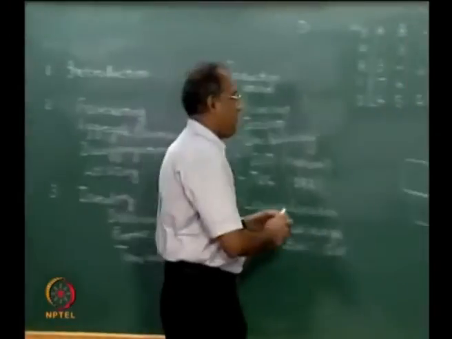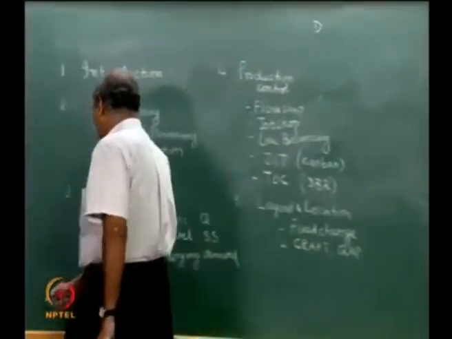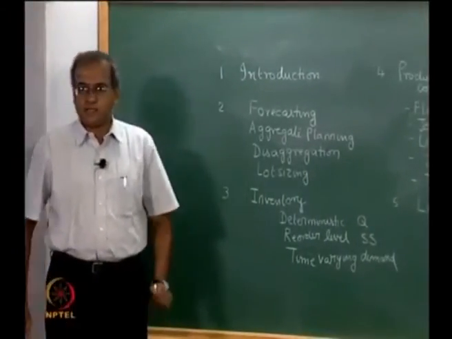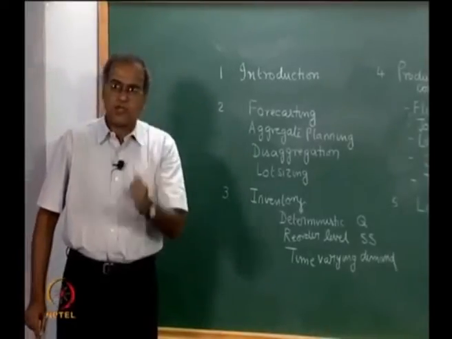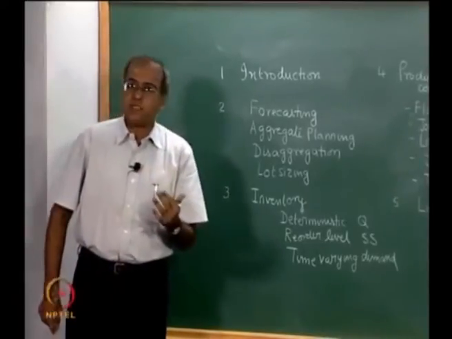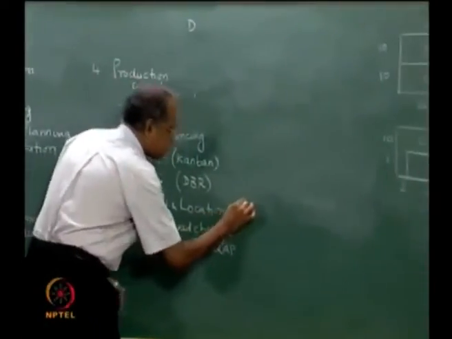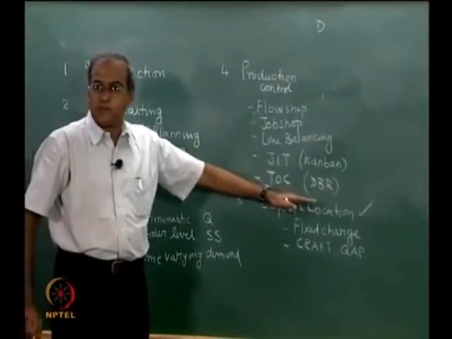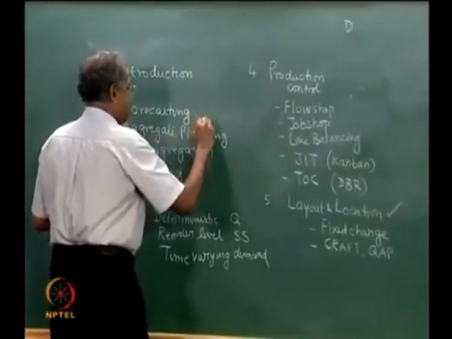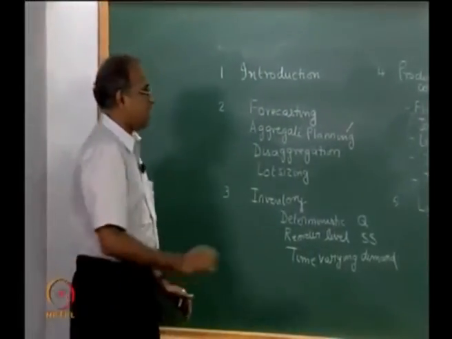So, what we have seen so far are, from the context of supply chain, we could call major decisions in supply chain as location decisions, production decisions, inventory decisions, distribution decisions, and information related decisions. So, from a context of supply chain, we have seen location decisions here, where we spoke about different aspects of location and layout. We seen production decisions, production planning decisions, as well as production control decisions, and we have seen aspects of inventory.